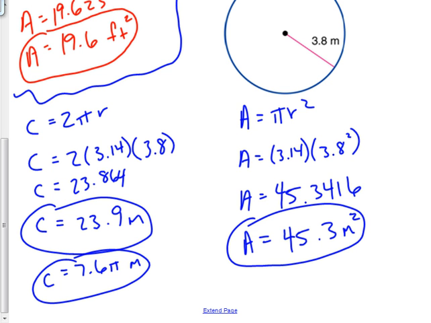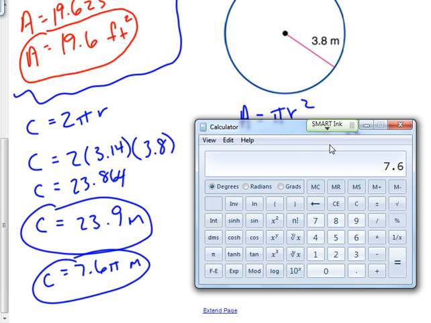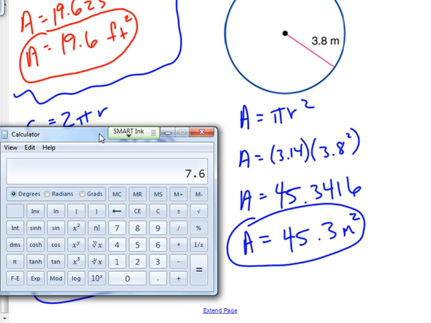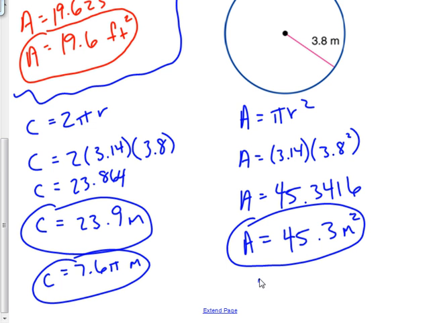Just like this example over here, I would just do 3.8 squared to get 14.44. So I would write area equals 14.44 pi meters squared, or rounding to the nearest tenth, 14.4 pi meters squared. So that's what it looks like in terms of pi.